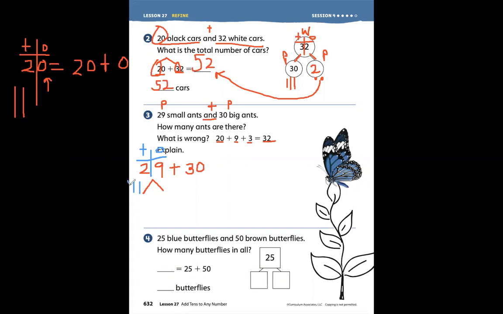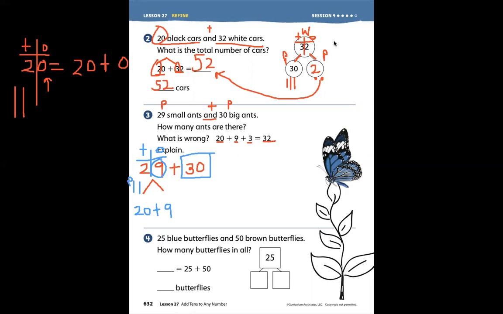We have to count by tens to get to that total. So 10, 20. So I have 20 plus the value of the ones place. How many ones are there? 9. So I have 20 plus 9. Am I done? No, I still have to bring down the number 30, right?